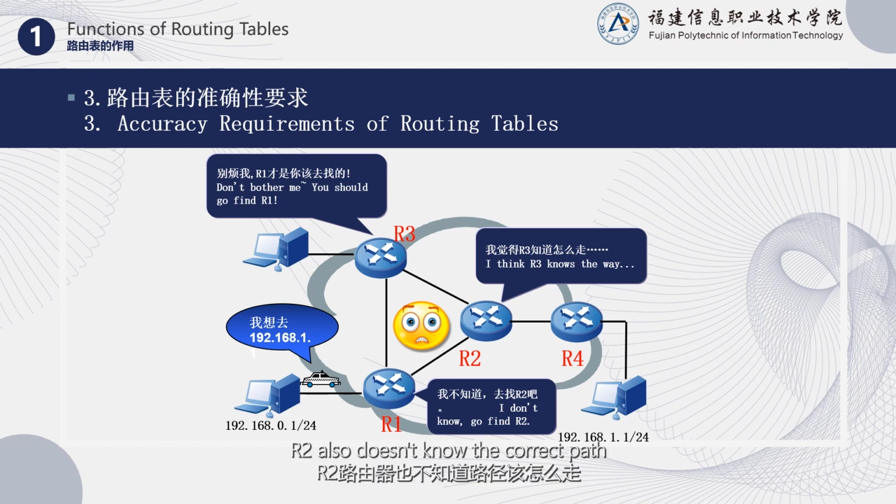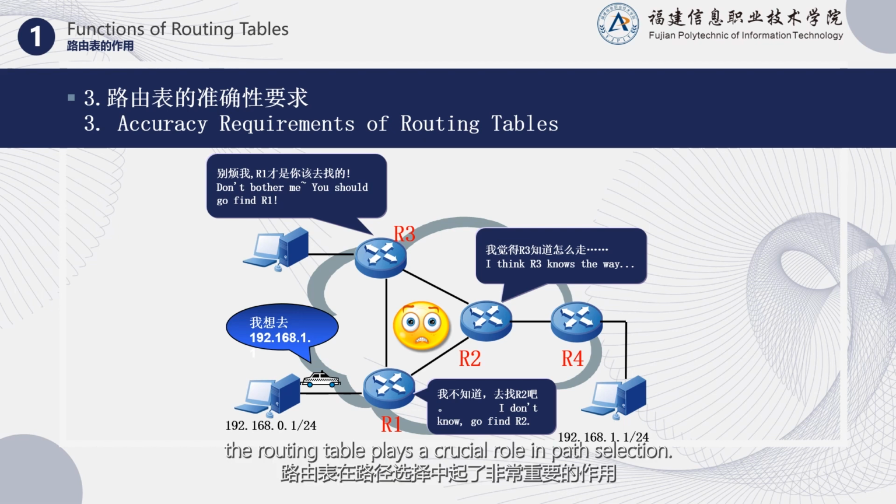However, R2 also doesn't know the correct path, so it forwards the data to R3. Similarly, R3 forwards the data back to R1. This creates a data loop, and the data packets never reach the intended destination, the 192.168.1.0 network. This results in severe data transmission errors. As seen, the routing table plays a crucial role in path selection.